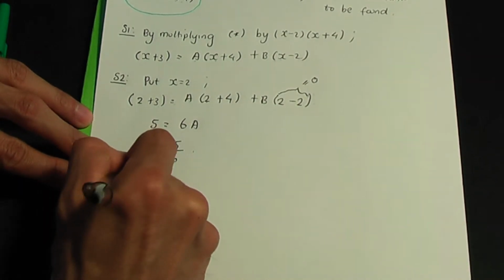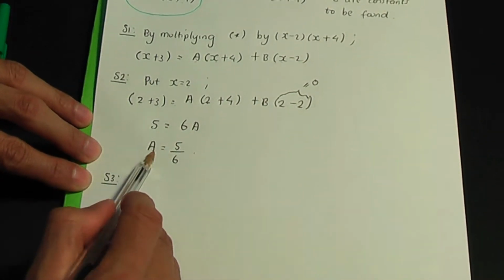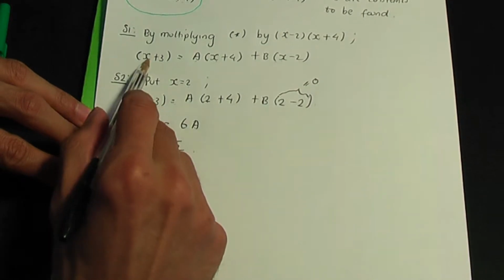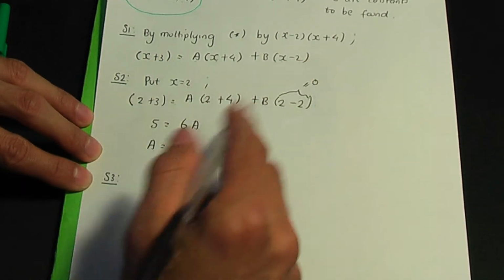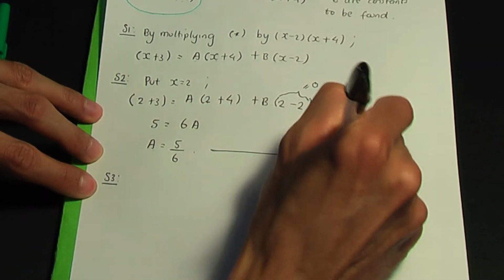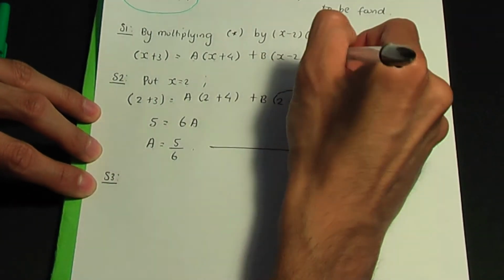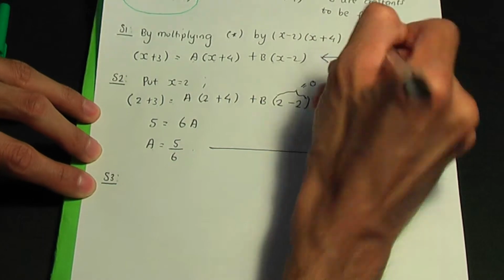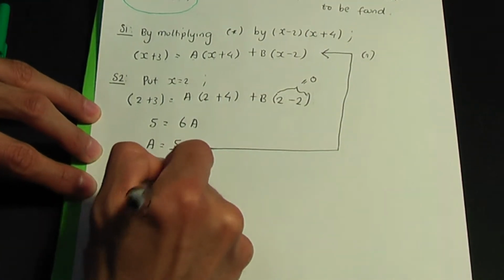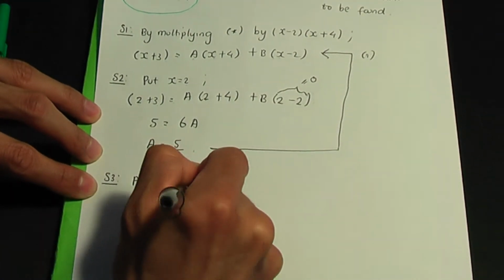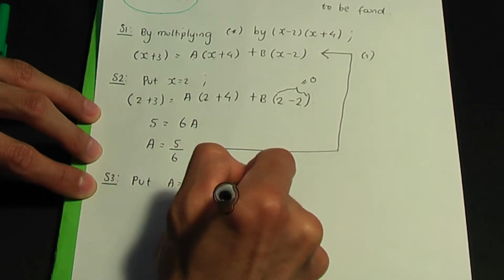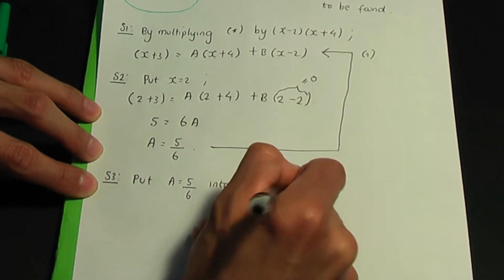Okay, so in the next step, let me put a equaling 5 over 6 back into this equation here. Let me call that equation 1. So put a equals 5 over 6 into equation number 1.